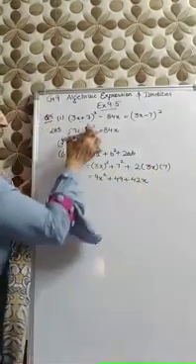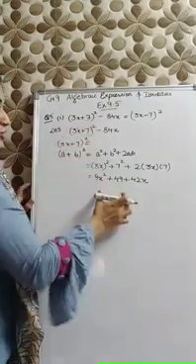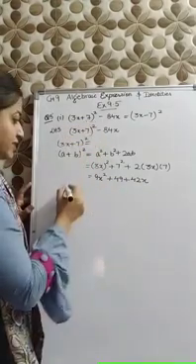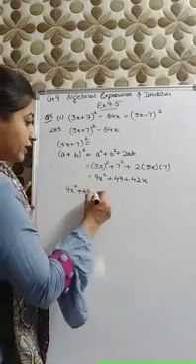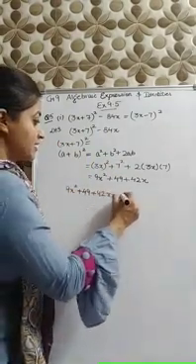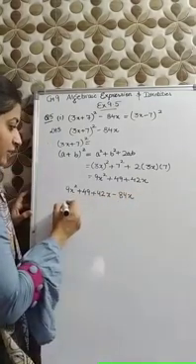Now let's put this value of (3x plus 7) whole square in the question in the left hand side. This is 9x square plus 49 plus 42x minus 84x.